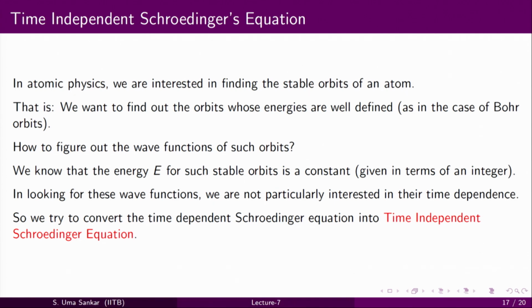Why is that so? Well, for the same reason why we take the hydrogen atom problem to be a benchmark in quantum mechanics. If you calculate the energy levels of hydrogen atom, then you can explain the spectrum of hydrogen atom.